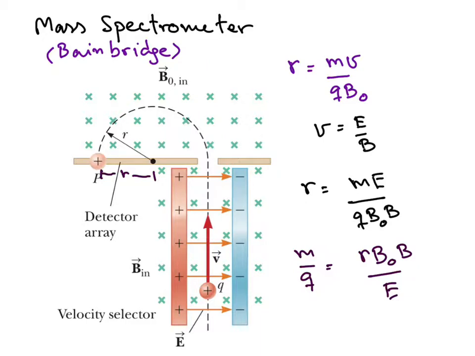That ratio is related to the mass of the nucleus of that particle.